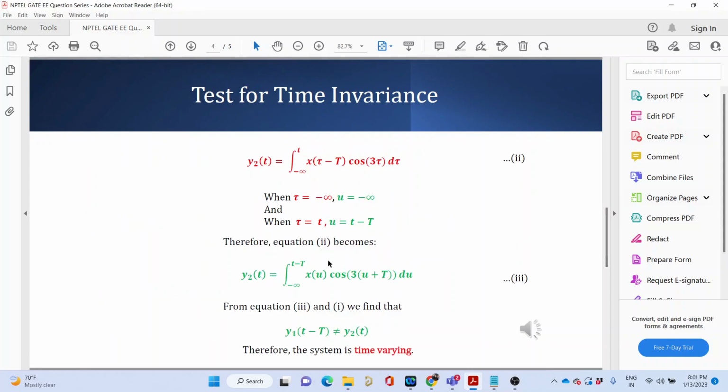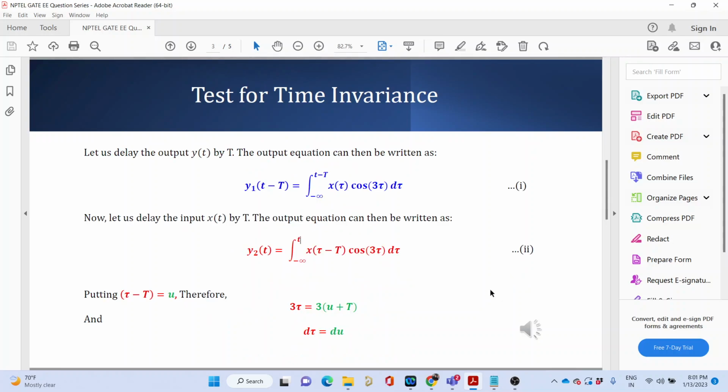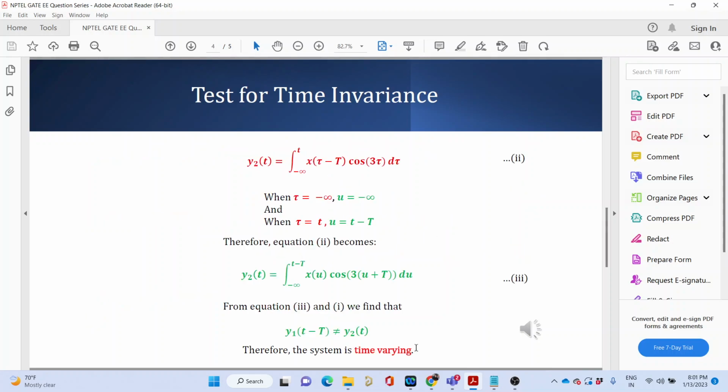So the limits, if I substitute all the tau with u, would be from minus infinity to t minus capital T. And from these two expressions, expression 3 and equation 1, we find that these two expressions are not the same. So it is time varying.